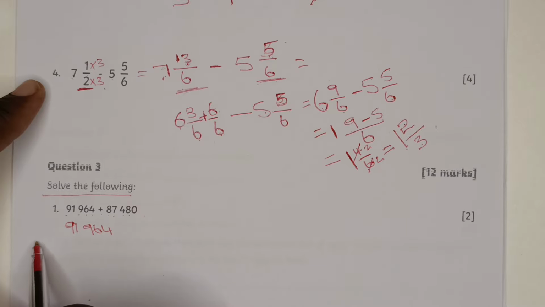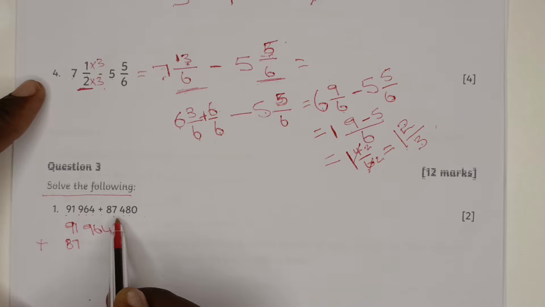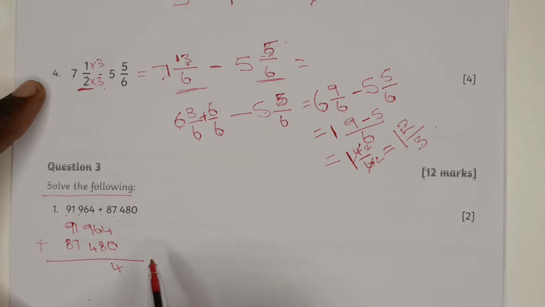91,964. Then we add 87,480. So we add 4 plus 0 is 4, and then 6 plus 8 is 14.